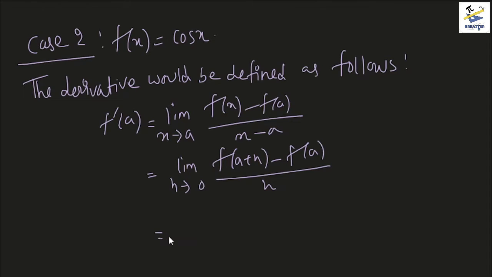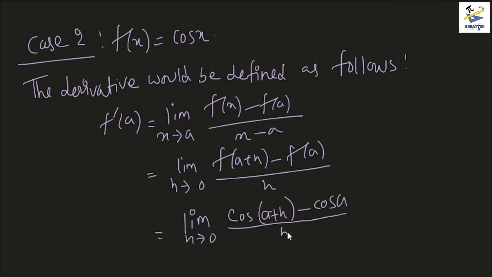Now this would give us limit h tends to 0 cosine of a plus h minus cosine of a whole divided by h, right?